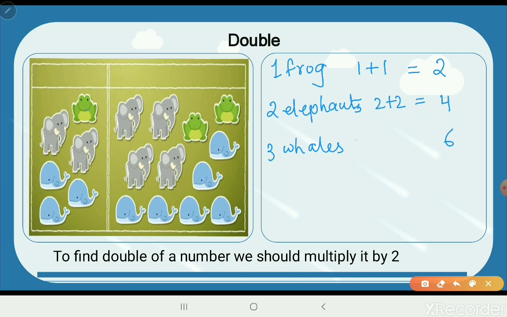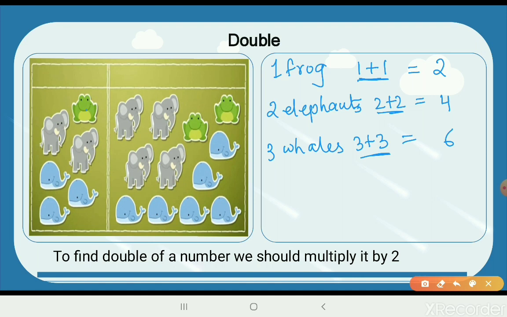In the third, if I am adding 3 to itself, I am getting 6. In the first column is the number of animals, and in the second column it is getting doubled. So I can say if I add twice the same number, I get double of that number, isn't it?